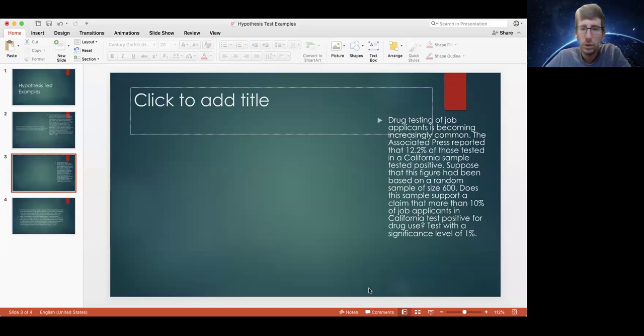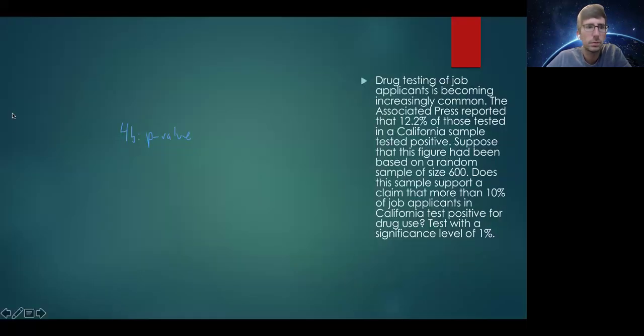So you should have it written down in your notes. But step 4B, right? Calculated our p-value, was equal to 0.036.